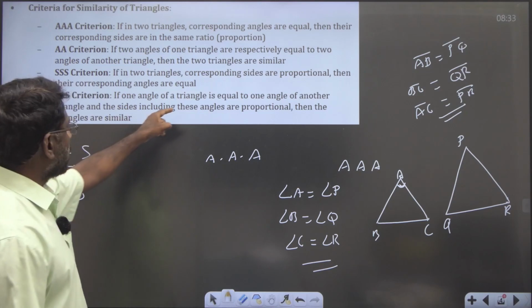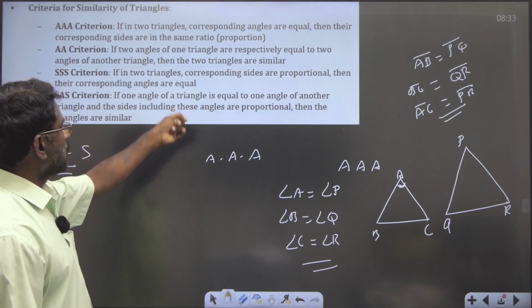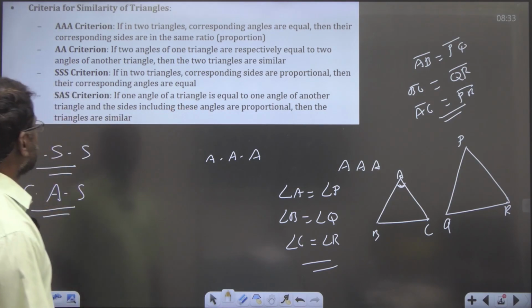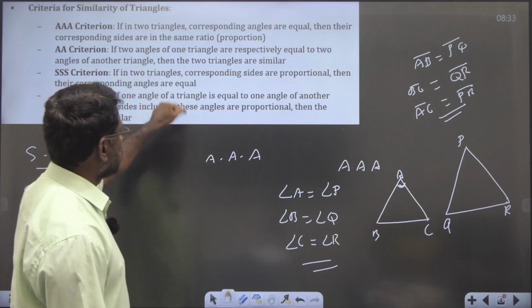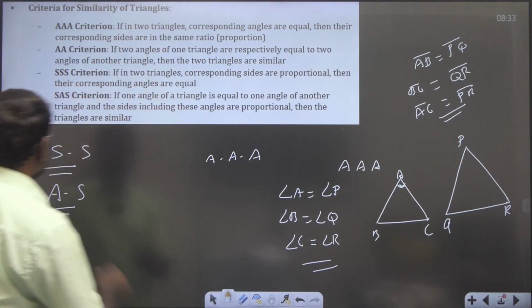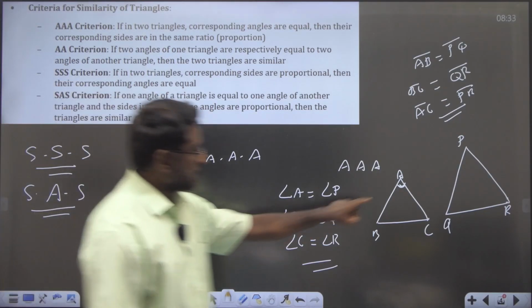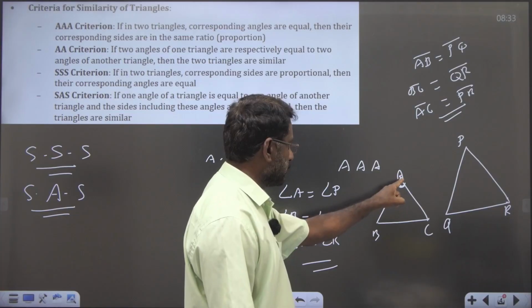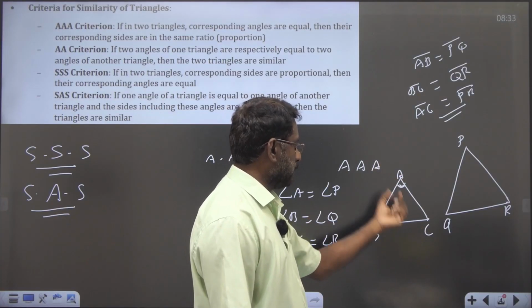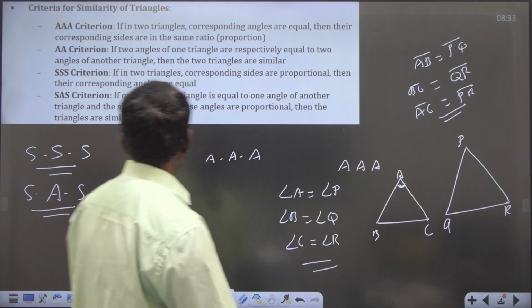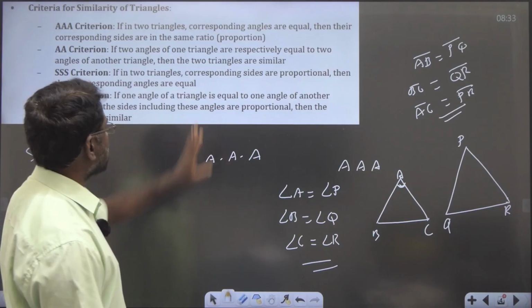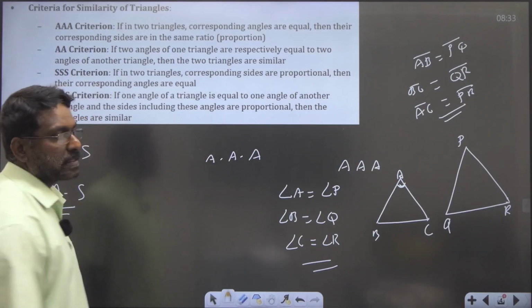If one angle of a triangle is equal to one angle of another triangle and the sides including these angles, that is very important, the sides including this angle, here AB and AC include the angle A, are proportional, then the triangles are similar.